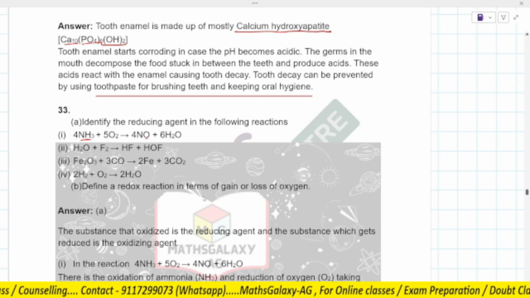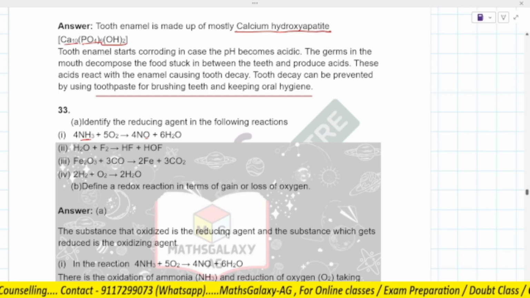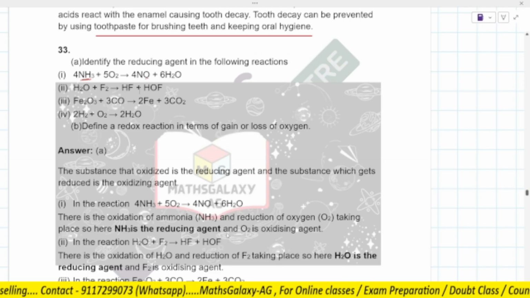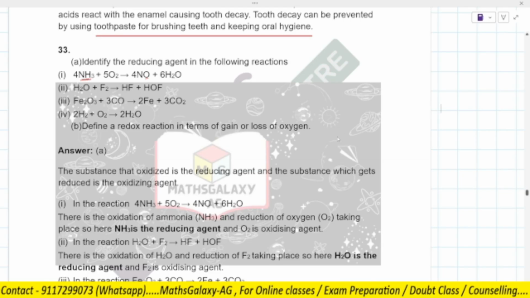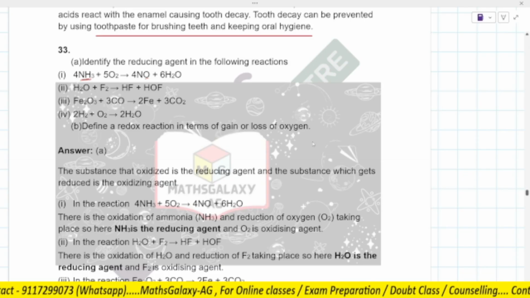As you can see here, the substance that is oxidized is the reducing agent, and the substance which gets reduced is the oxidizing agent, right?